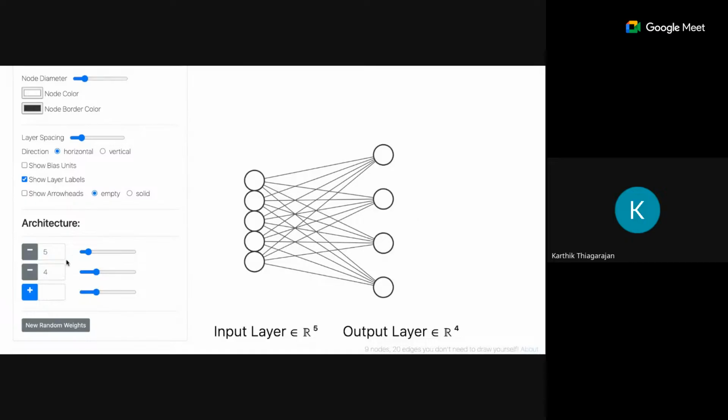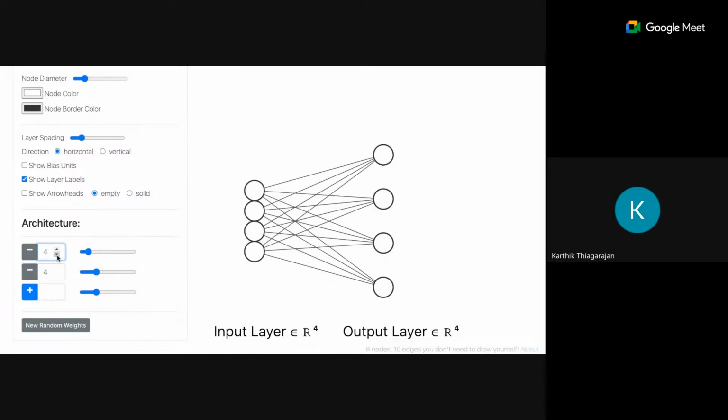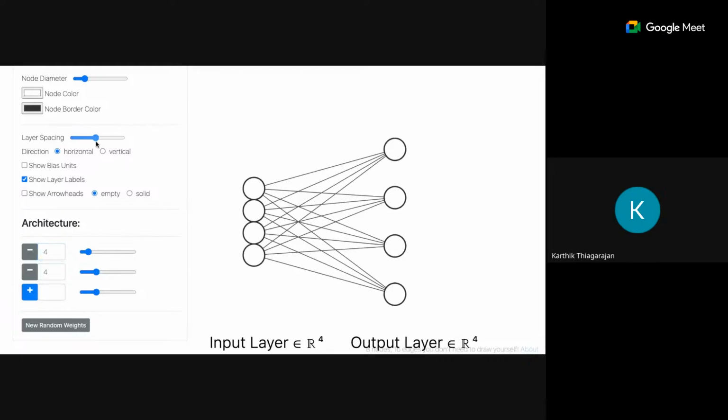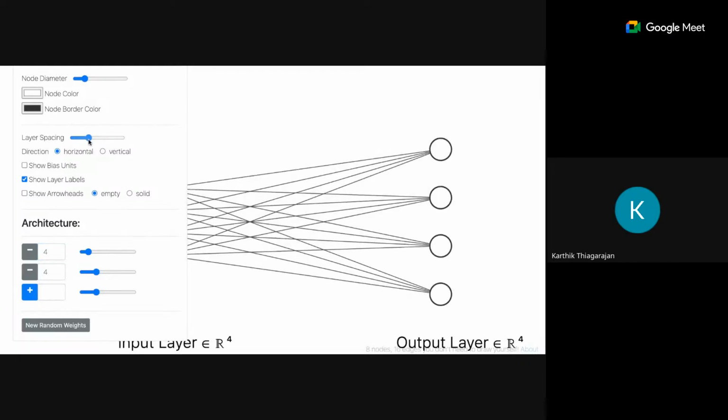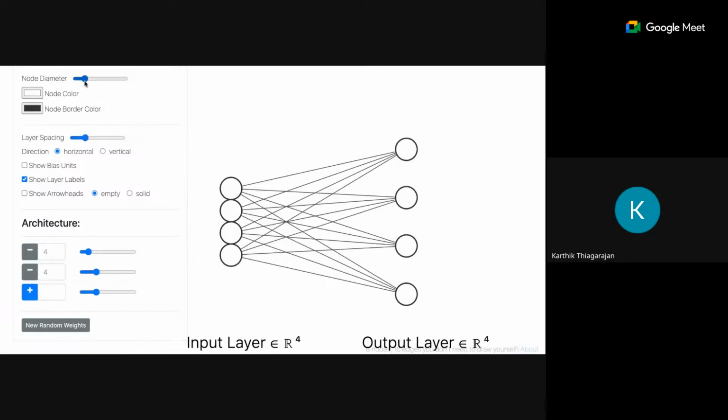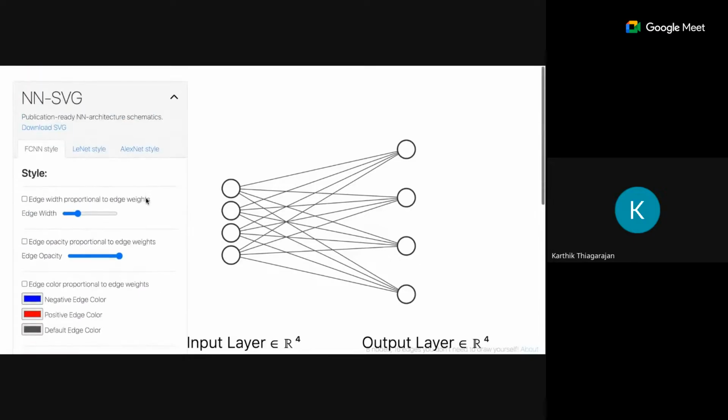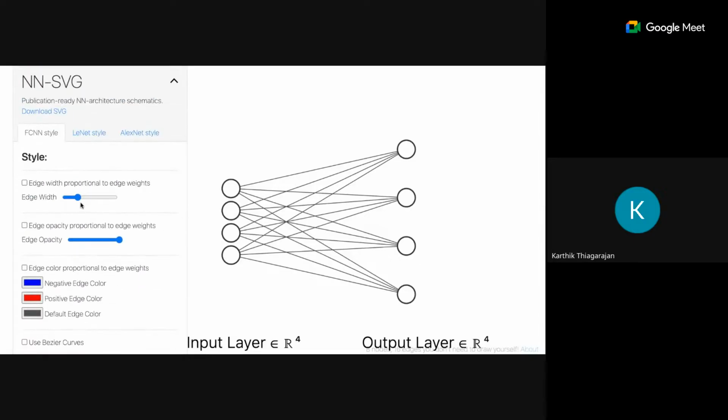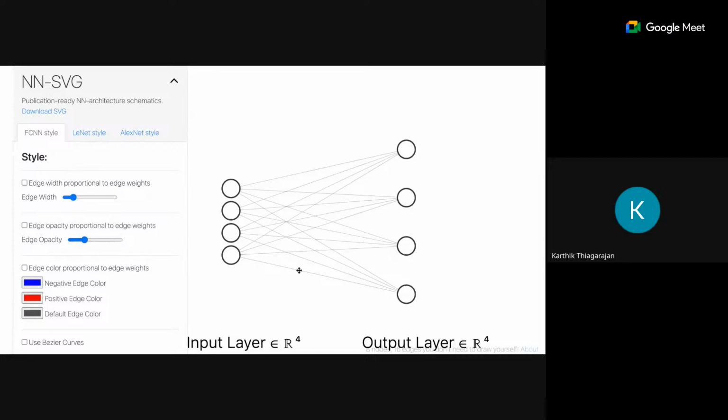I need only 2 layers. This is better. What I'm trying to do is, I don't need these edge weights. I just need you to understand that there are some connections. More than that, I don't need.